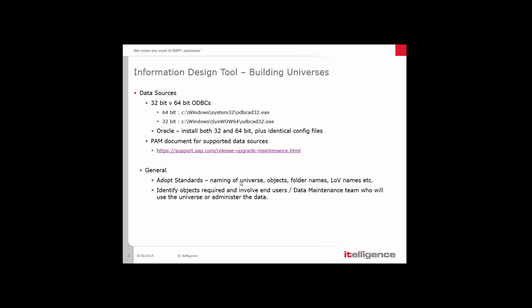You could have customer number in one universe, but that same object in another universe may be called customer no or customer. When you start merging within Web Intelligence, it doesn't always understand that, so it makes it harder for the end user. It's always worth standardizing folder names and list of value names across the piece, and then you won't get many phone calls and queries.